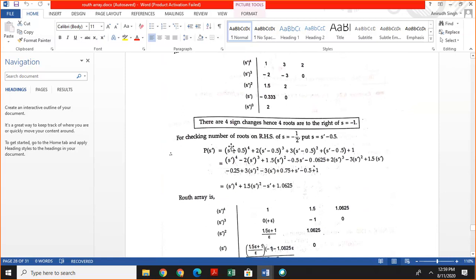Then, for checking the number of roots in the right half of s is equal to minus half, you put s is equal to s dash minus 0.5 and form this characteristic equation.